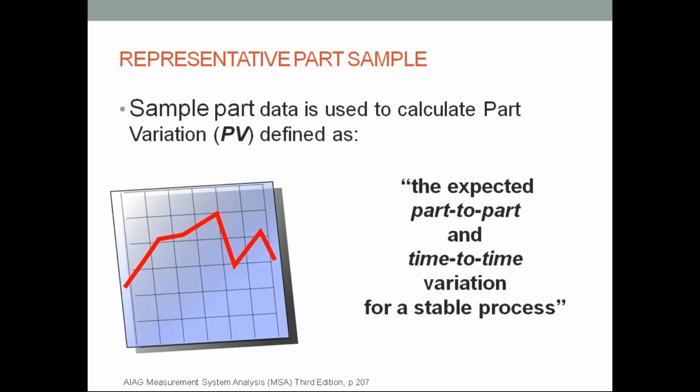The sample part data is used to calculate PV, or the part variation. And again, that's the expected part-to-part and time-to-time variation for a stable process. So generally, those parts should be varied within, for example, your control limits if you're doing SPC on that particular characteristic.